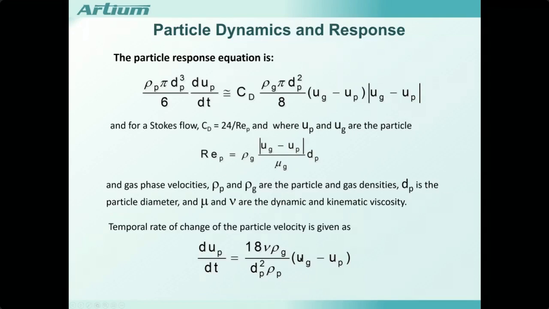The restoring force for a particle moving into a new environment with a different airflow velocity is the difference in the velocity of the gas and the particle. So as the particle approaches the new flow velocity region, this value becomes very small, so the restoring force gets very small.